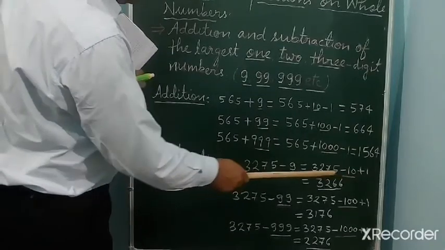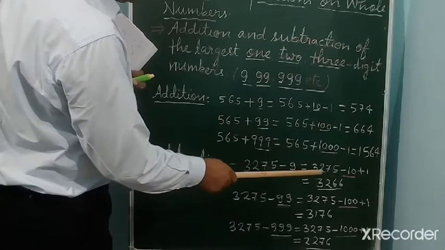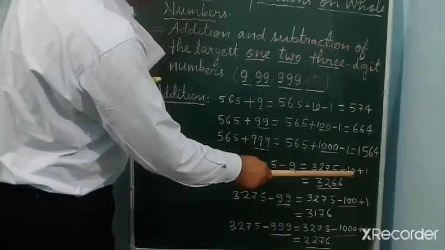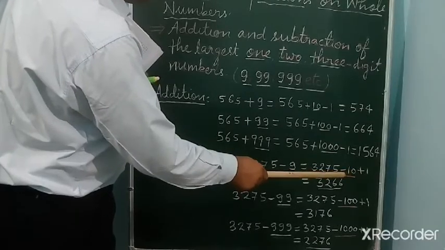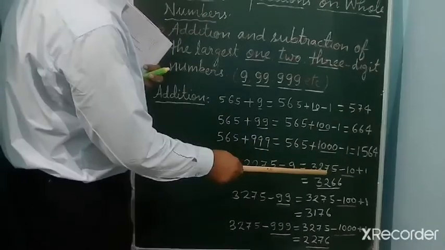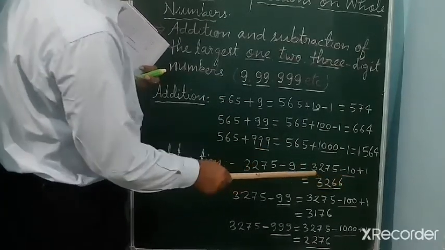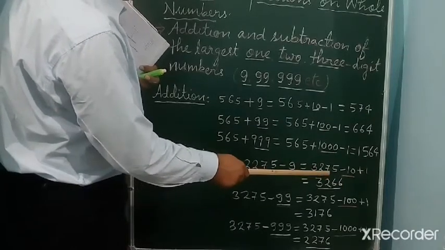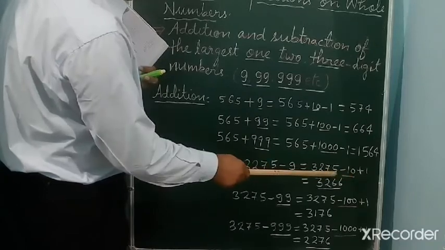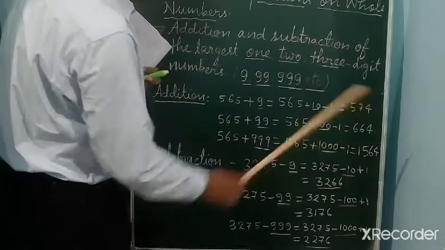If you take minus 10, it will come 3265 minus 10. So 3265 plus 1 means 3266. So 75 minus 10 is 65, and 65 plus 1 is 66. So it will come 3266.